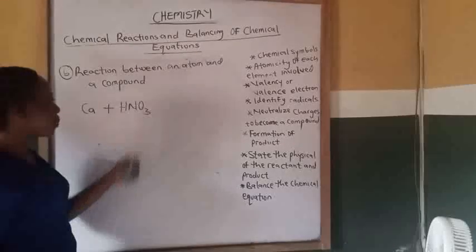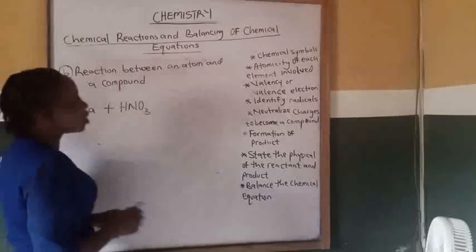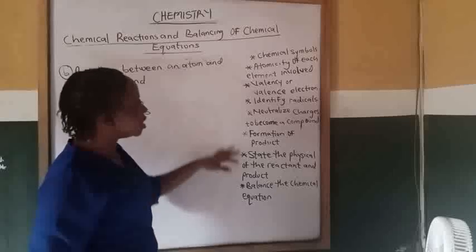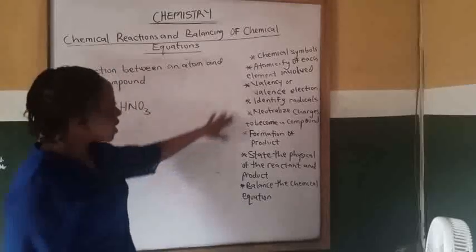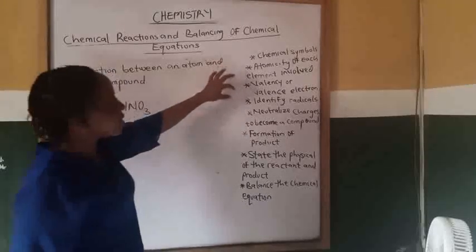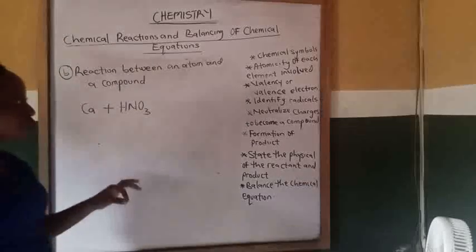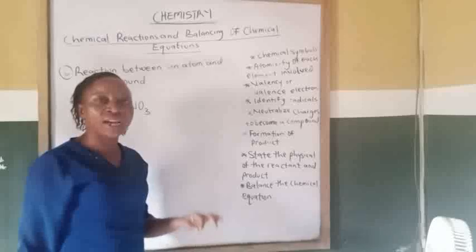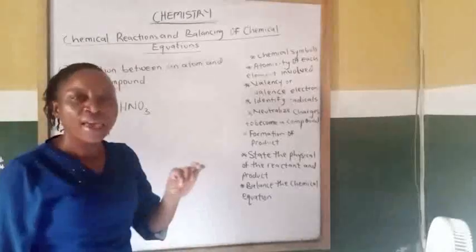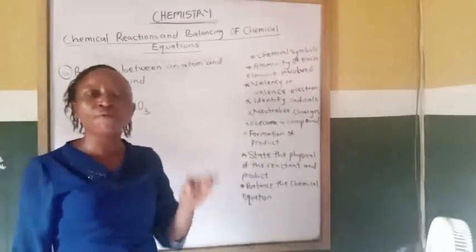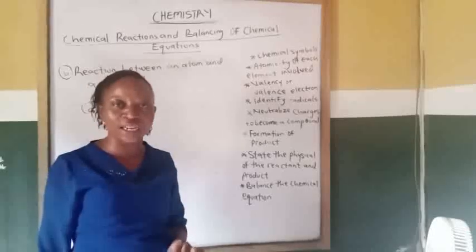You split the compound. Then, like I said when I was explaining radicals, I told you that radicals cannot be split. You don't split radicals during a chemical reaction except there is evolution of gas from that radical.